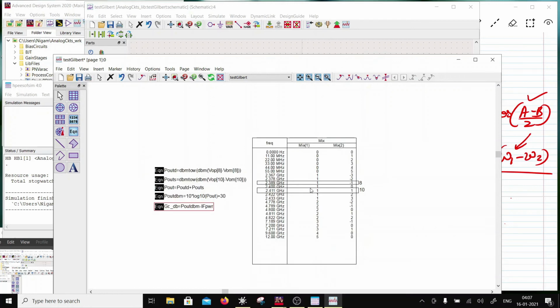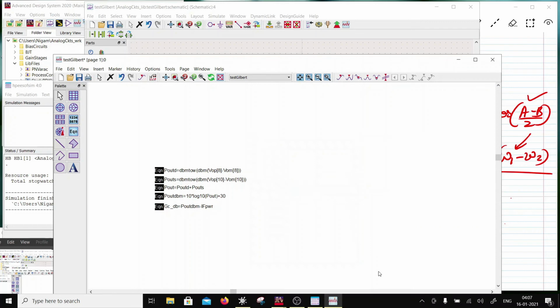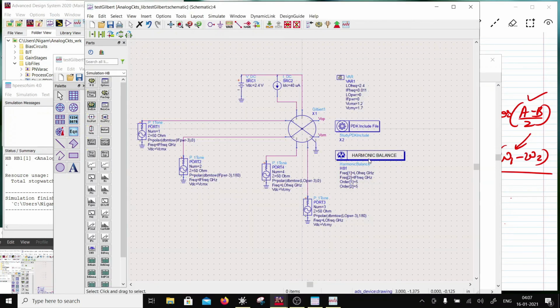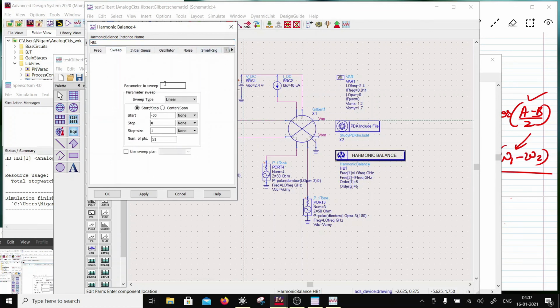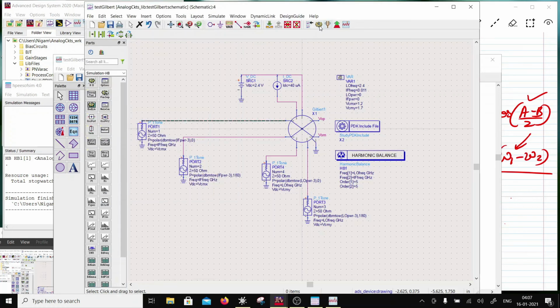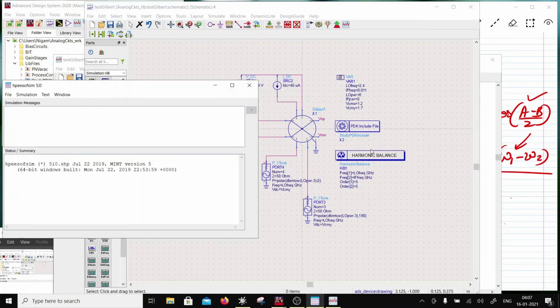So now with this I don't need the table anymore. Now I'm going to do the sweep. Okay, so now I'm going to put back the sweep on IF power. Sweep IF power, say apply. So okay, so now I'm going to sweep the power.